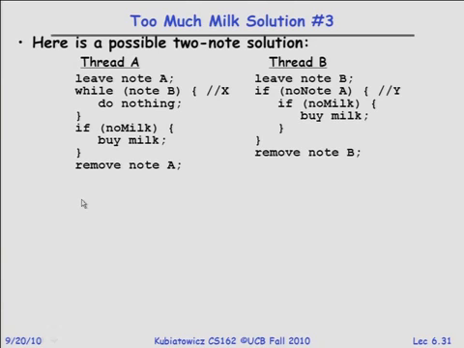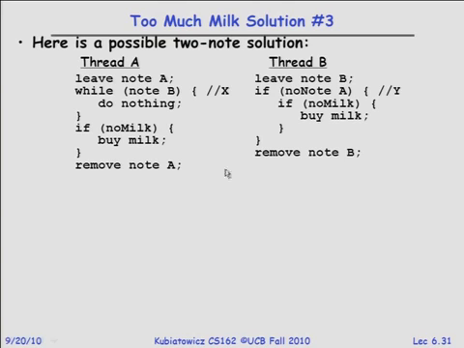Over here, we leave our note, and we can basically say, well, if we've gotten as far as leaving a note, then we know for a fact that either A is stalling in a loop or it hasn't gotten in here yet, so we can safely go through and buy milk, and by the time we remove the note, A will check the condition, which may get updated by the time it looks at it, but we won't get any duplicate purchases going on.